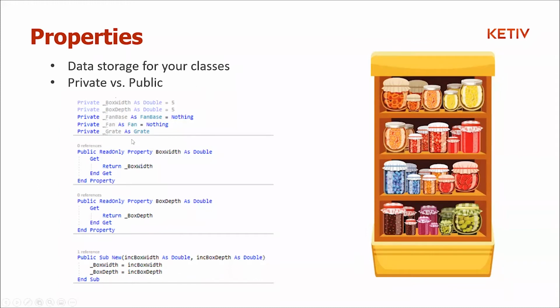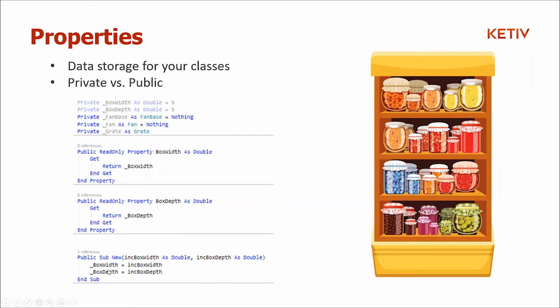So you can see here is some example code. We have a whole bunch of private variables: box width, box depth, and the different instances of the custom classes that we're going to show. And in the constructor, we've initialized these two variables.